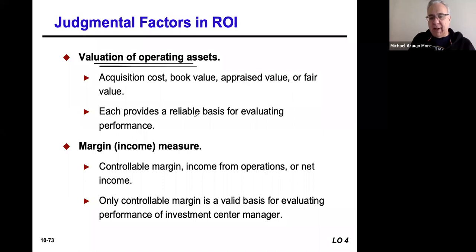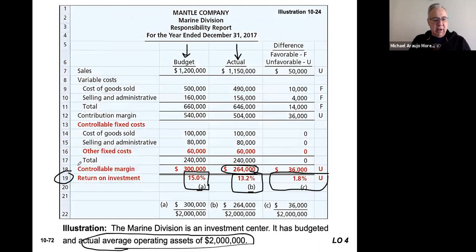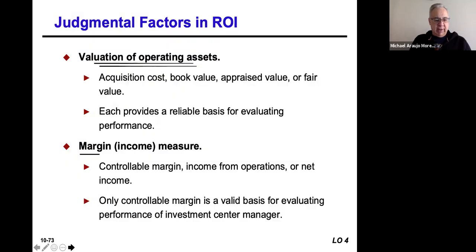All of them are a reliable basis for evaluating this. And in terms of your margin, again, as you notice here, we are using controllable margin, not contribution margin, as a way to calculate our return on investment.